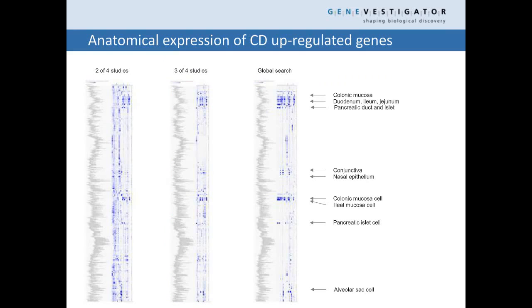Now, if we take these genes that were found in 2 of 4 studies or 3 of 4 studies, and we look at their expression in different tissues, what you see here is an export of the tissue level expression of these 21 genes and 14 genes that we saw before across more than 400 different tissue and cell types.